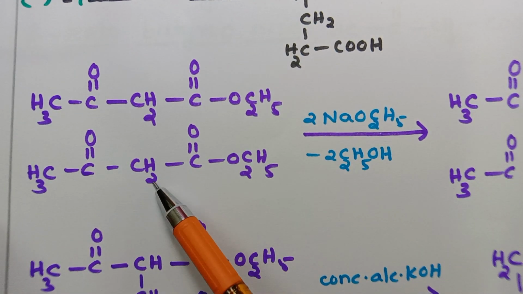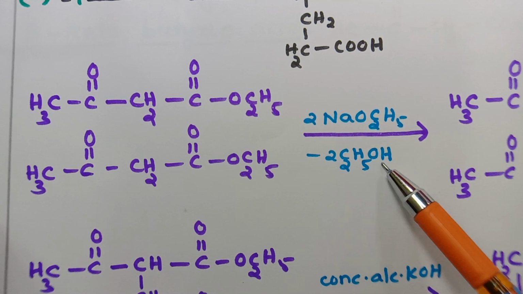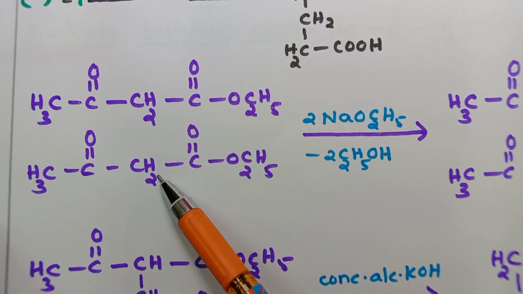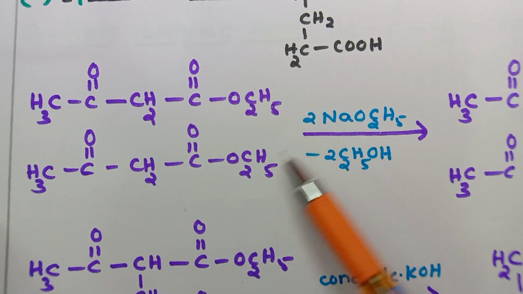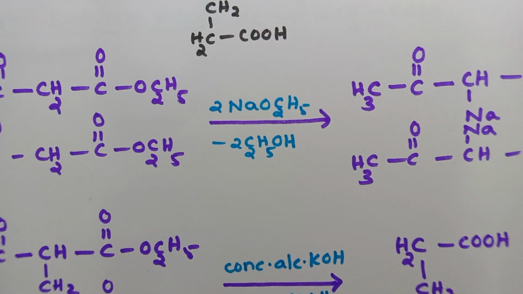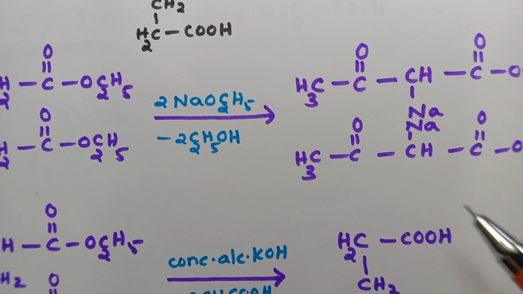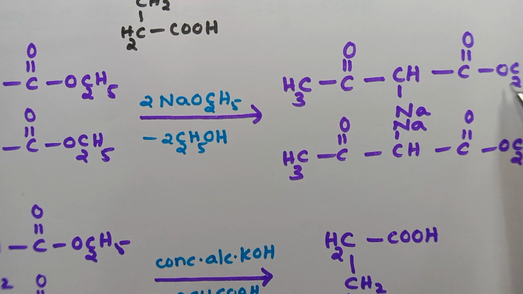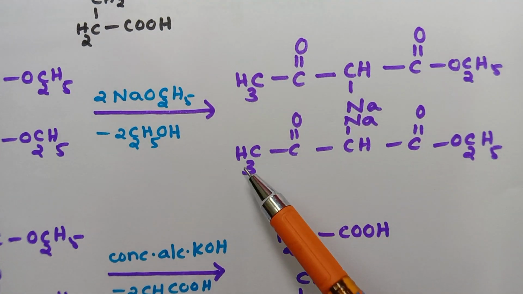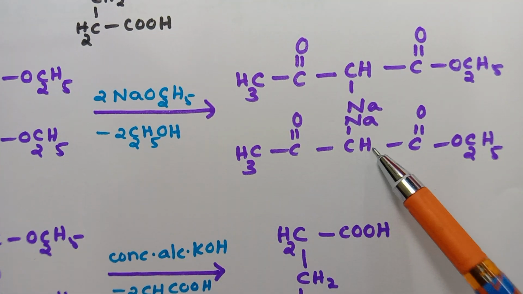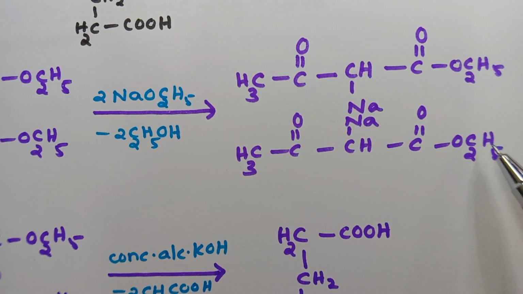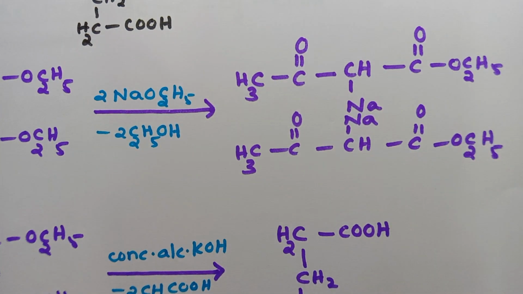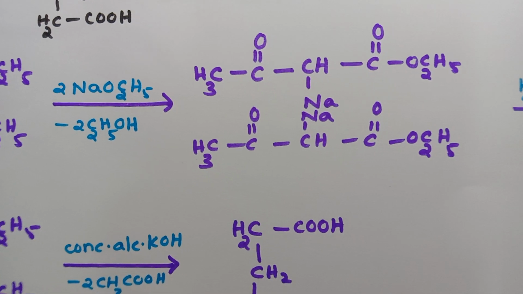OC2H5 minus, H plus. Minus 2 C2H5OH. Now one hydrogen place is vacant, one hydrogen place is vacant. So here 1 Na, here 1 Na. Okay. Next, CH3, C double bond O, CHNa, C double bond O, OC2H5. Next, CH3, C double bond O, CHNa, C double bond O, OC2H5. These two are separate, yet they are not joined. Okay. Now what is to be taken here?